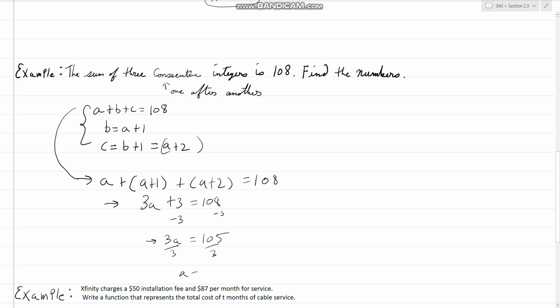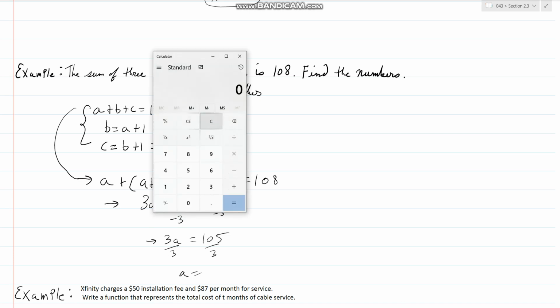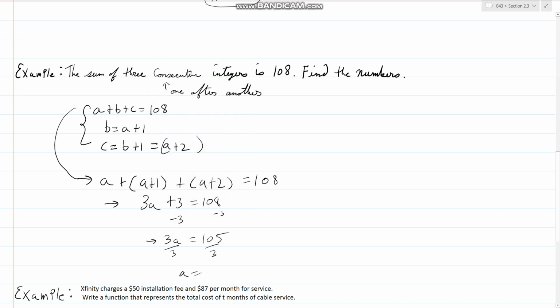A equals, and what is 105 divided by 3? I can't remember. Looks like it's 35. So A is 35. Well then B must be 36 and C must be 37. Those are my 3 consecutive integers. Cool.